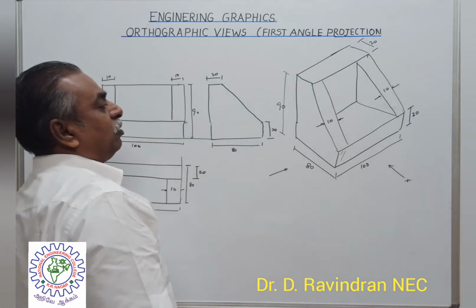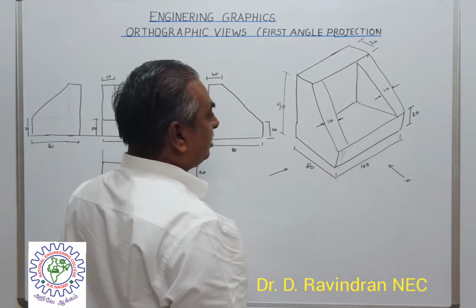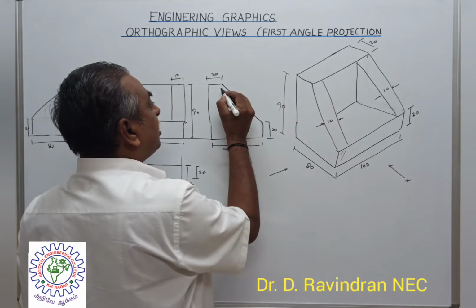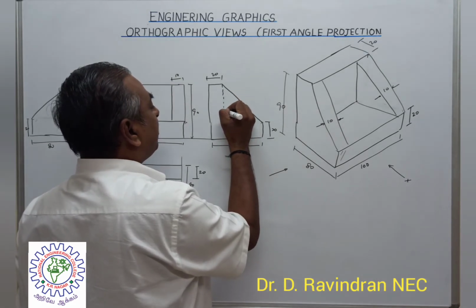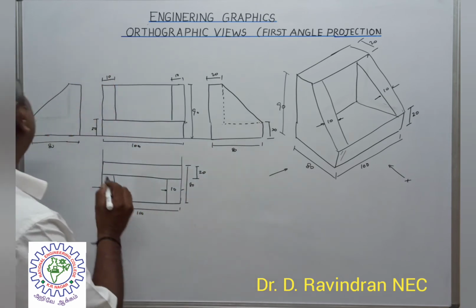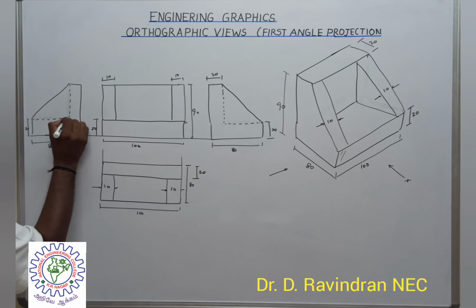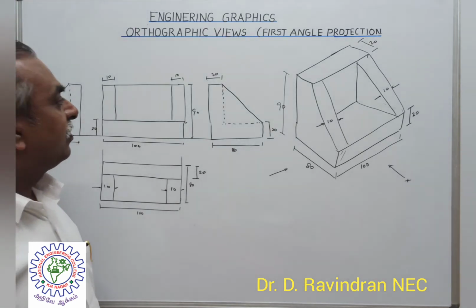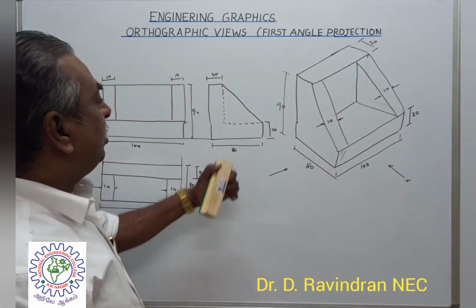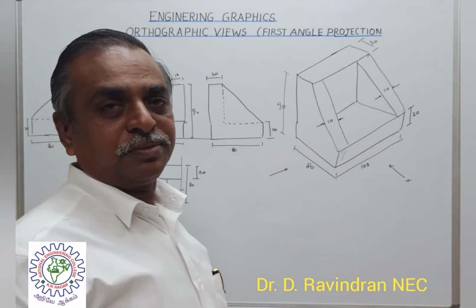But here you can notice this edge or these corners we cannot see, so that has to be shown by a dotted line like this. Similarly here you can show that one as a dotted line like this. Then only all the views will be indicating this slant surface.